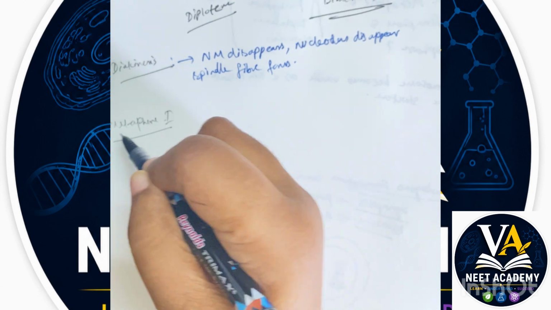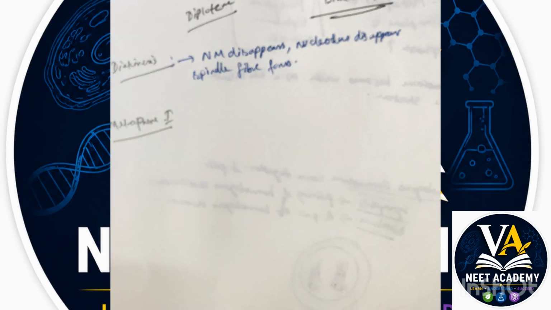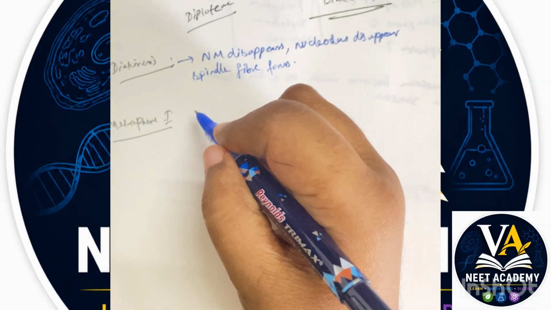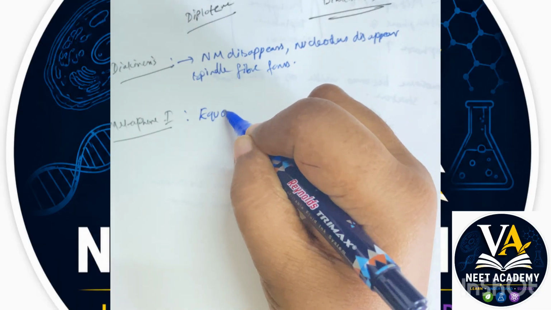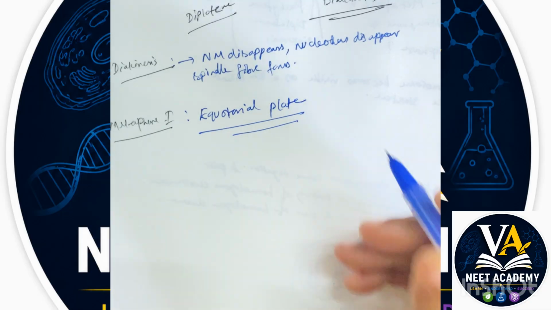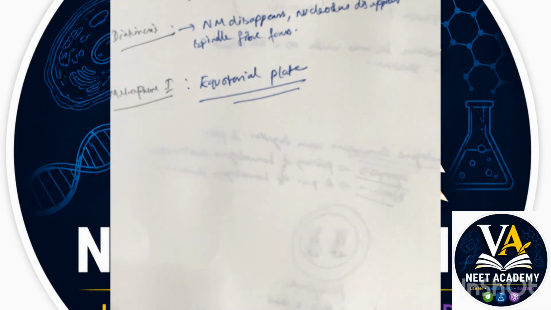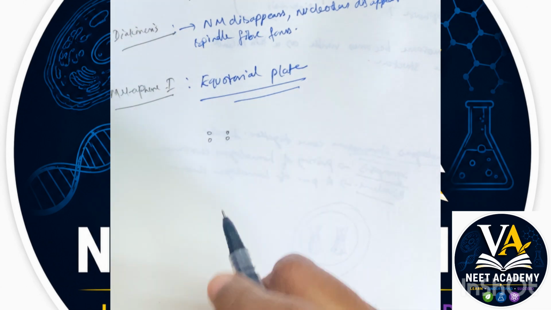We will label it as metaphase I because we are talking about meiosis I. In metaphase I, the event you will see is that the homologous chromosome pairs are arranged at the equatorial plate. I am not writing it in detail, instead I will draw and show you.